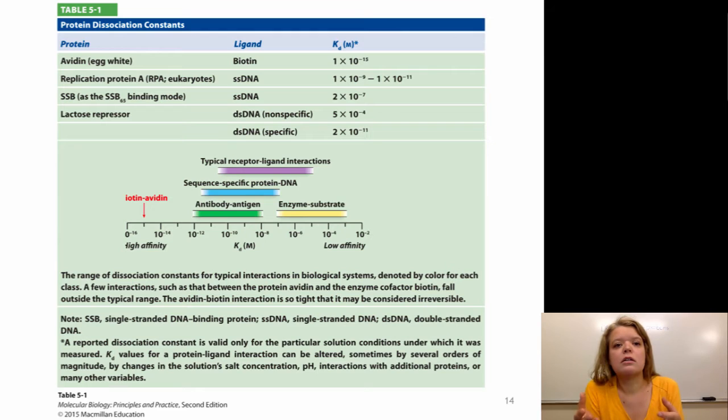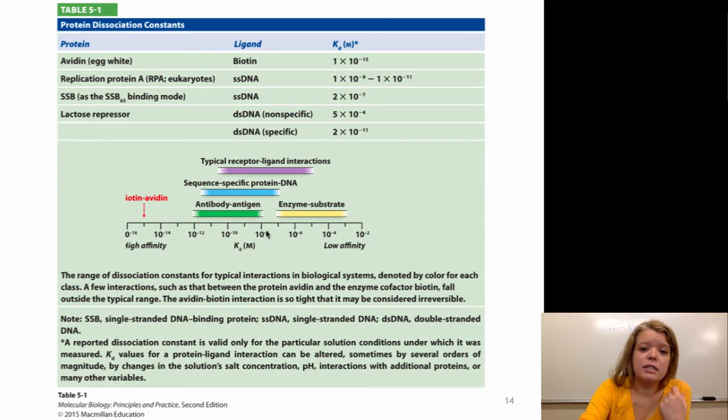So here, this table from your book shows the average Kds for different protein-ligand interactions. Biotin and avidin have a typically strong interaction with Kds at 10 to the minus 15 molar, while the more typical receptor-ligand interactions lie in this range.